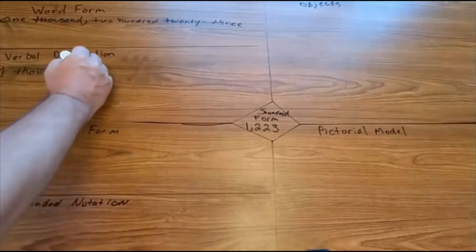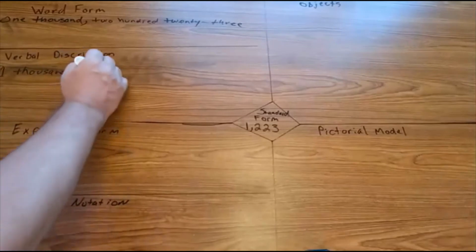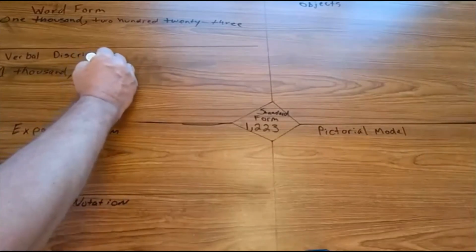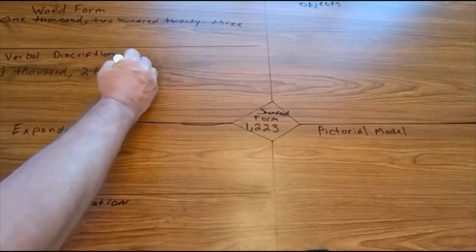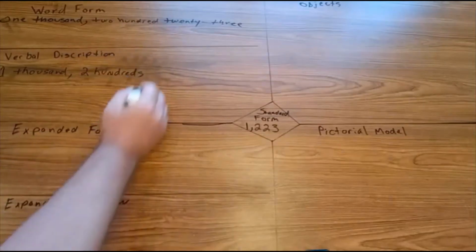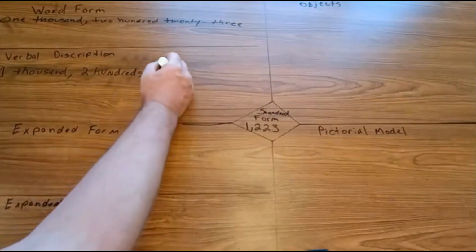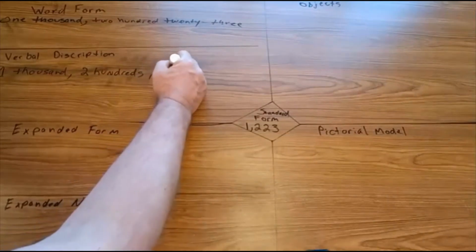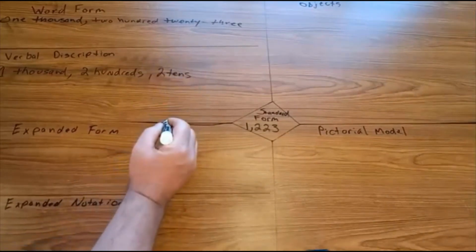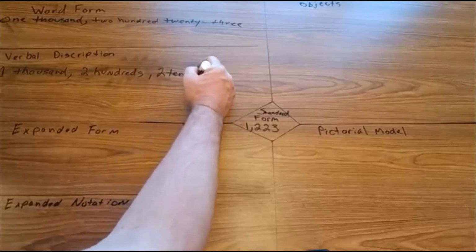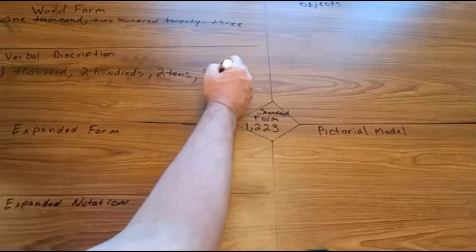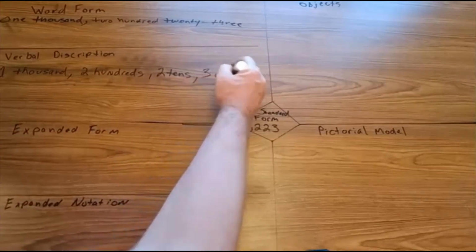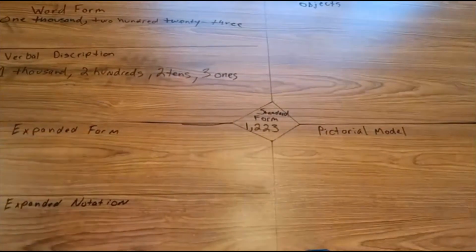I'm going to put a 2, the digit 2, and write hundreds. Two hundreds. Then put a comma. I'm going to put 2 tens. And then 3 ones. So that's going to be a verbal description for 1,223.